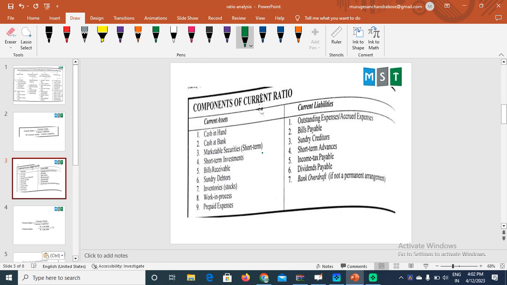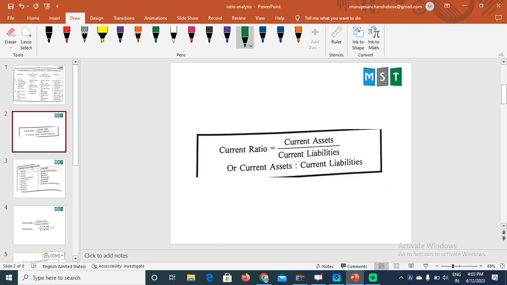Inventories: some outdated stocks will be in store, or the stocks may have been purchased at a higher price, and that will be shown in inventories. In that way, manipulation will also be included. So you should be very careful while analyzing it. Only then you will get a clear-cut interpretation.